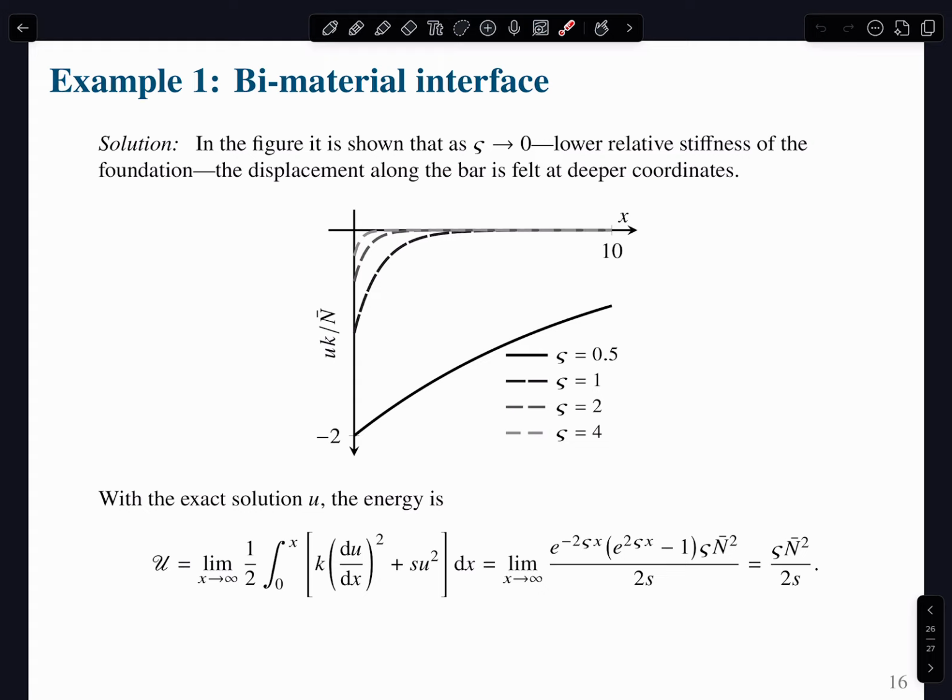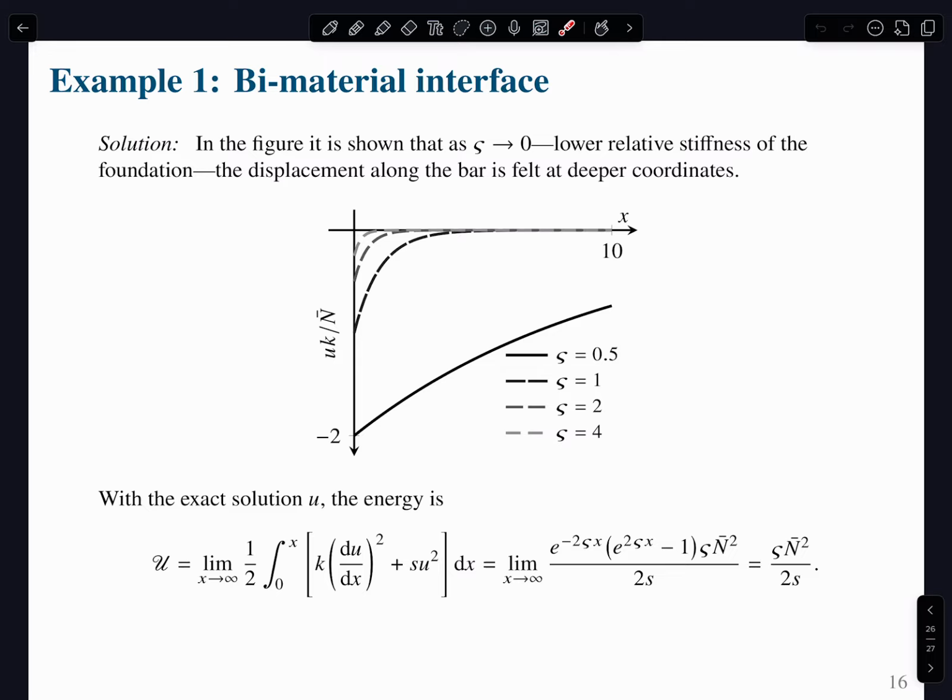So I'm going in that direction. This would be for the softer spring that is laterally constraining the bar, and this would be increasingly higher S relative to K. In this case, we have both being the same.